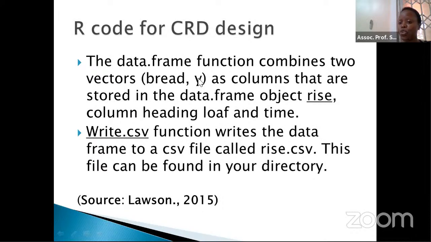Then the data frame function combines the 2 vectors bread and y as columns that are stored in the data frame object raise with column heading loaf and time. Then this write function is going to write raise as a CSV file, and you can find it in your directory. Now let's go to R.